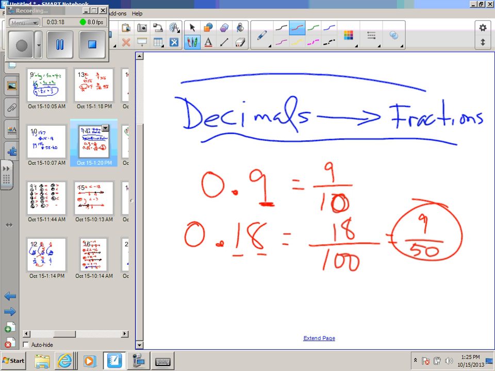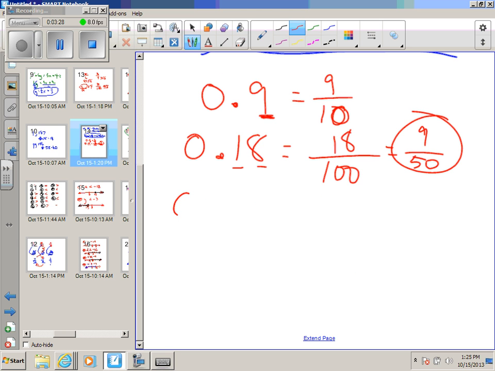Any questions on the first two? Yes? Now, if you were to have a decimal like that, again, you would say that 5 is occupying your 100th place.